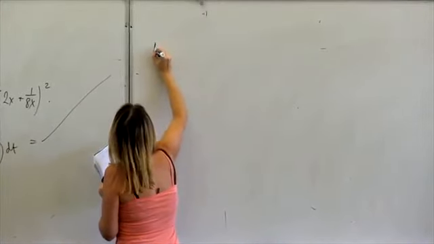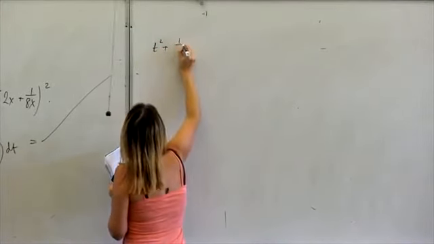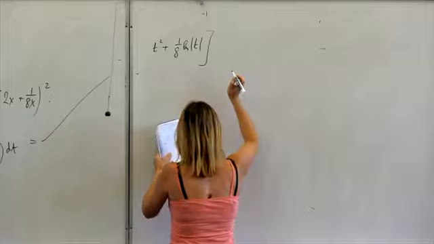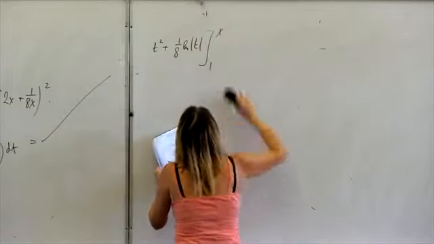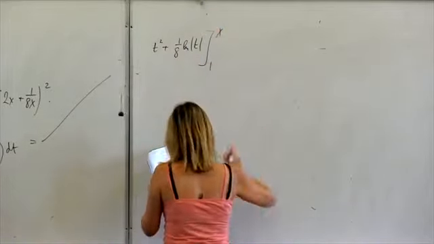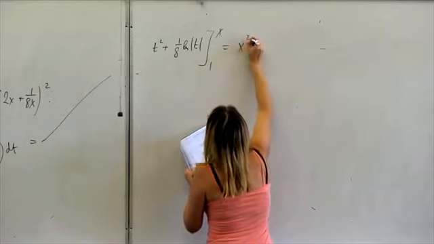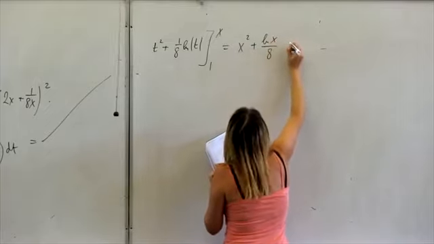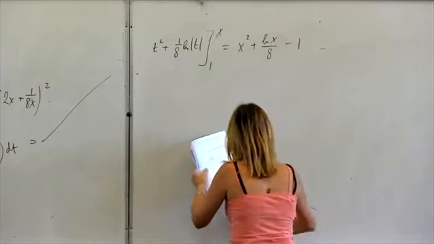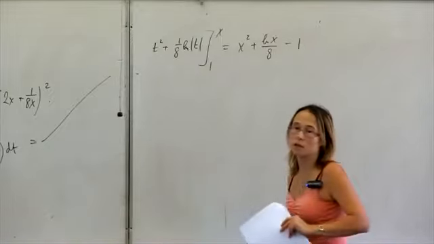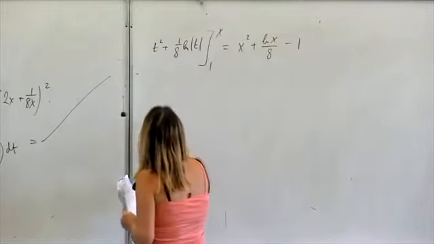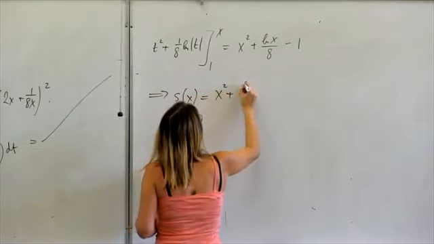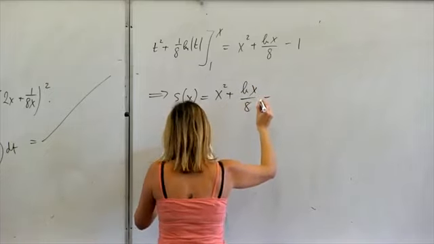It's simply t squared plus 1 over 8 log t between 1 and x. This is equal to x squared plus log x over 8 minus 1. So s of x is x squared plus log x over 8 minus 1.